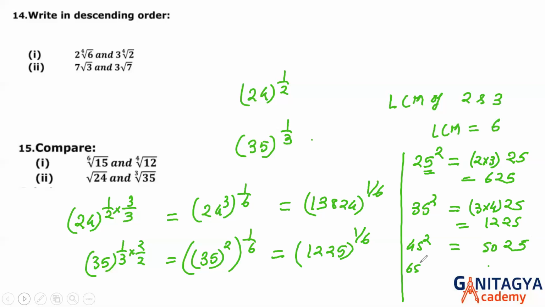If it is 65 square, then 25 and 6 7s are 42, that is 4225. Likewise 75 square will be 7 into 8, that is 56, and then 25, so 5625.